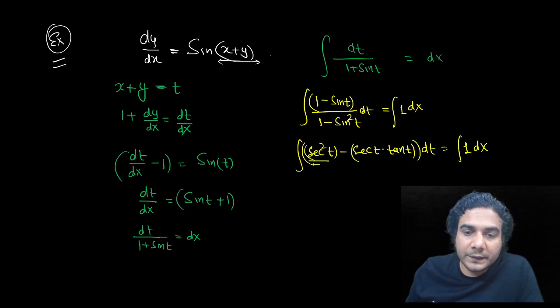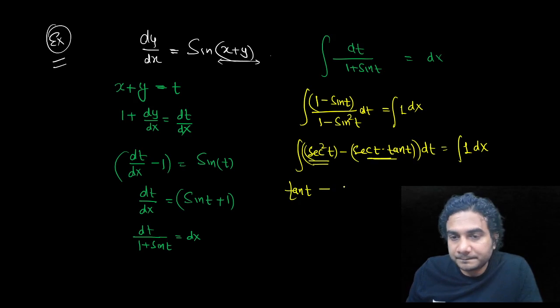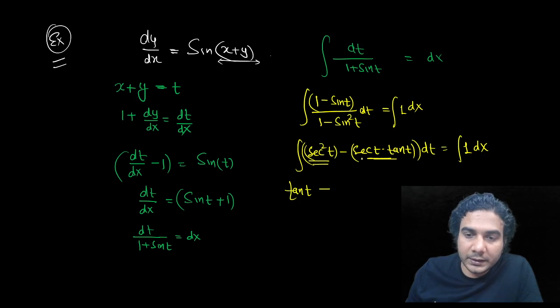So the integration of sec square is tan t, minus integration of sec t tan t is sec t, and this is equal to integration of 1 with respect to x, which is x.